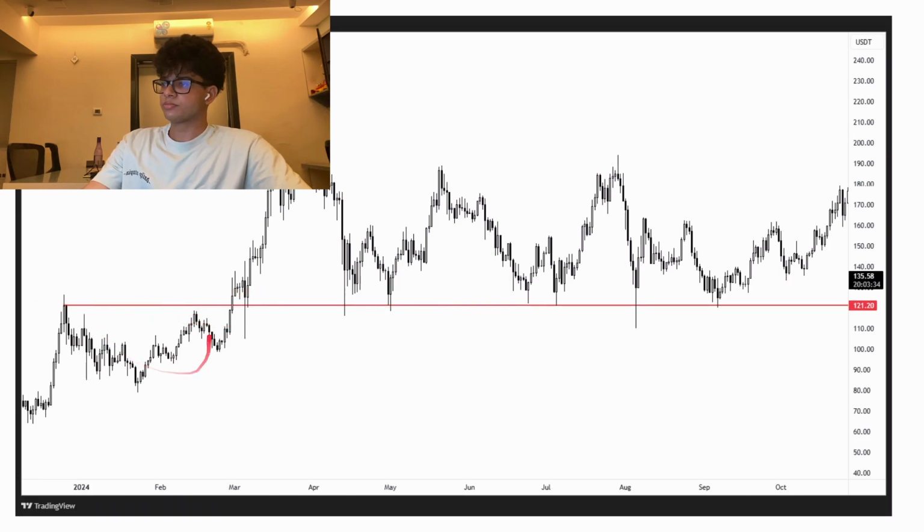Price comes here, gets rejected, goes up again, breaks this level, goes up again, and then it comes down and it's acting as support here, as you guys can see. So it flips it. Whenever a resistance breaks, it basically turns into support. As you can see, it acts as a pretty good support, right?